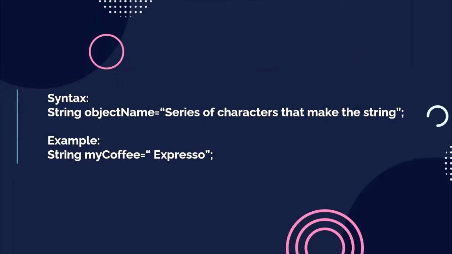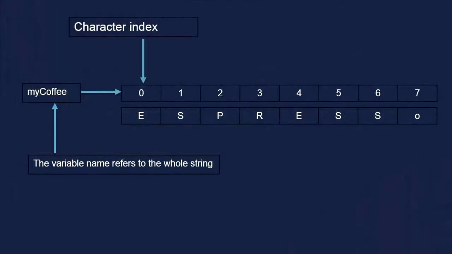Each string is stored in the computer memory as a sequence of characters. Each character in the string has an index. Now let us go to the next slide to understand in detail. So you can see here the character index, myCoffee, and the index of those characters.